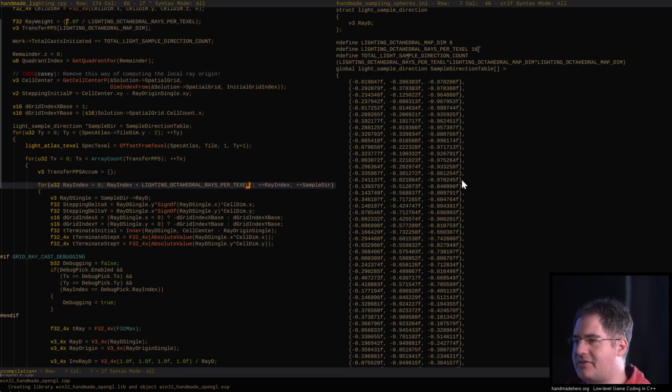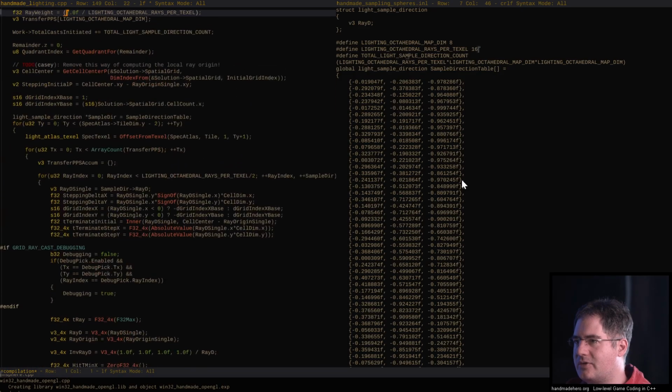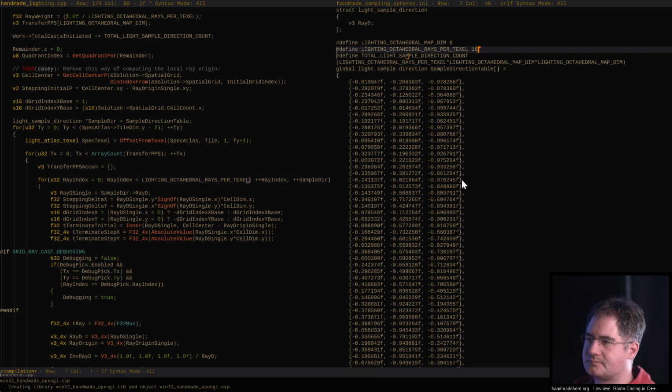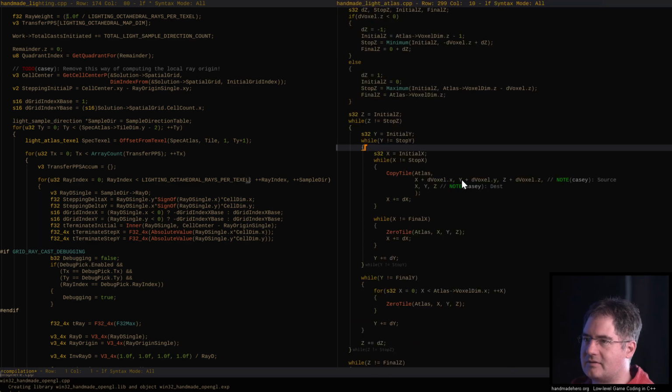But point being, I think the lighting would still work just fine with less samples. And we already know that with half the samples, we'd be running at 60 frames a second, even with all the debug code in place, right? With the debug code not in place, I don't even know.